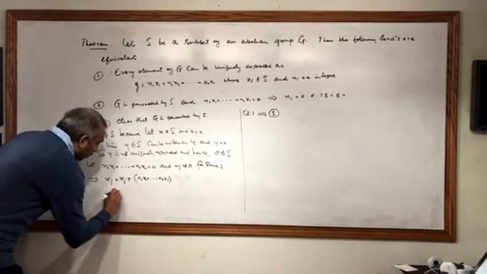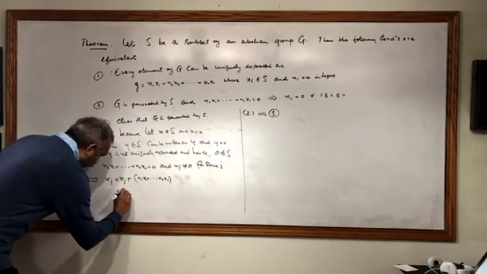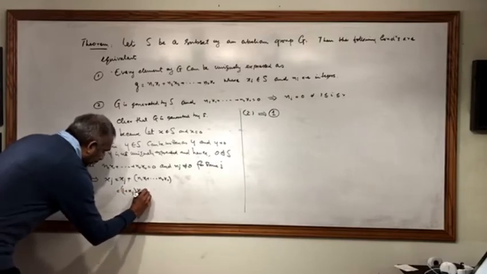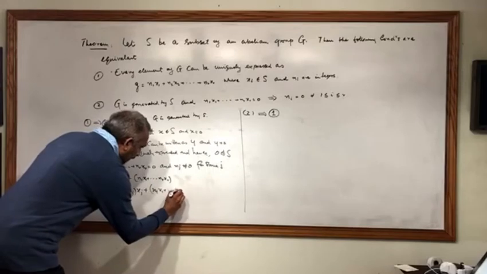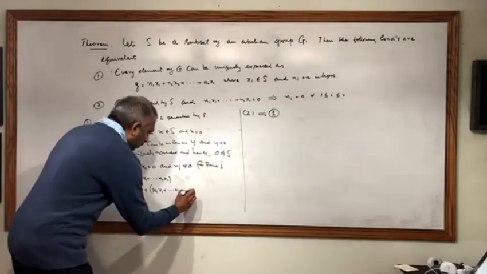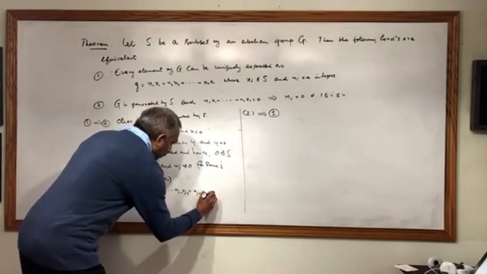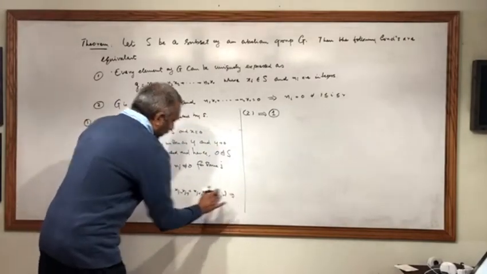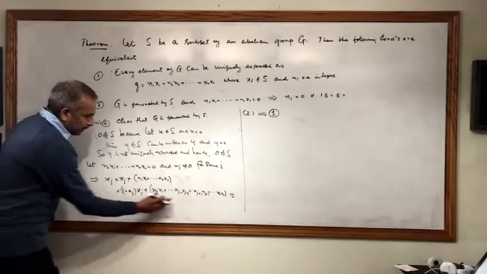There is an nj here which is not equal to 0, so this can be written as (1 plus nj)xj plus n1x1 plus ... plus nj-1 xj-1 plus nj+1 xj+1 plus ... plus nrxr, because this plus this is 0.